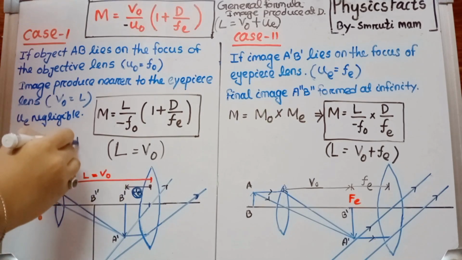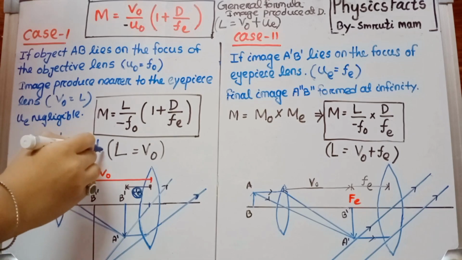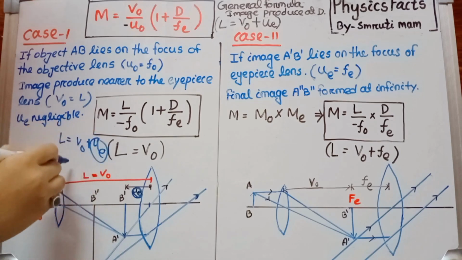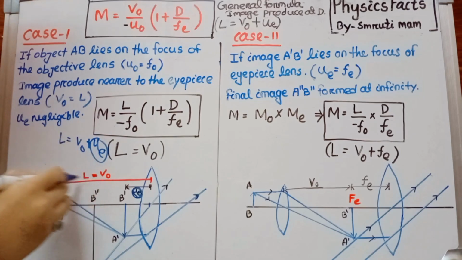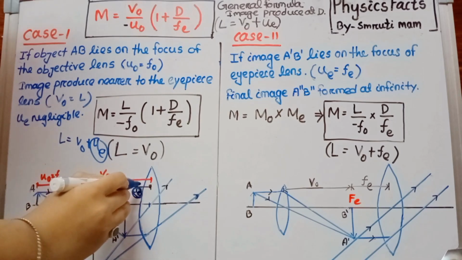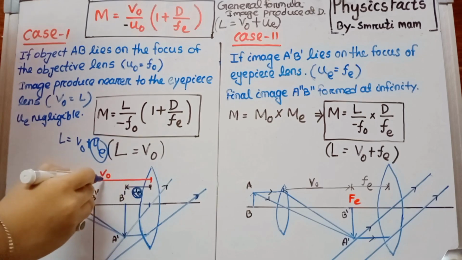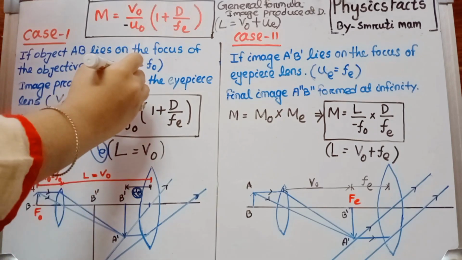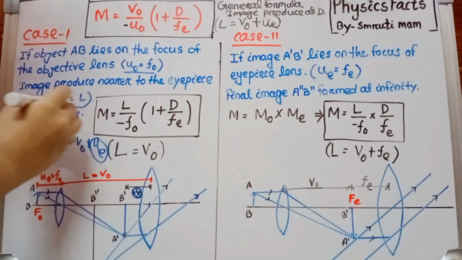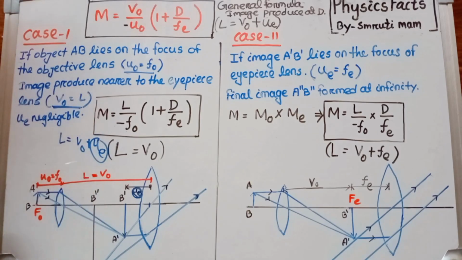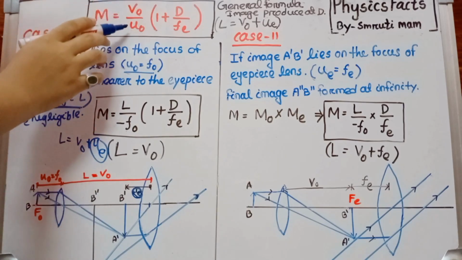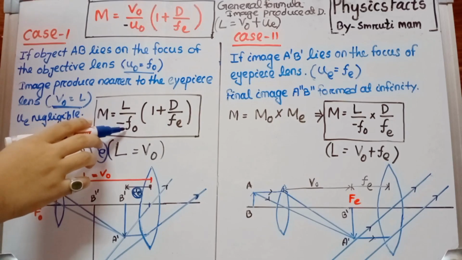We know that L equals VO plus UE. As UE is negligible, L equals VO. That means the length of the microscope tube equals VO. Okay, UO equals FO and VO equals L. In place of VO you put L, and in place of UO you put FO.